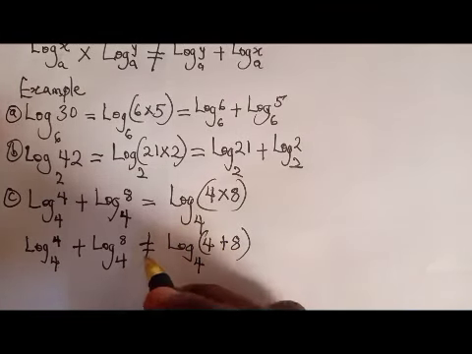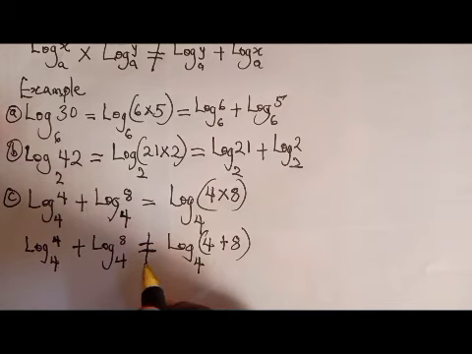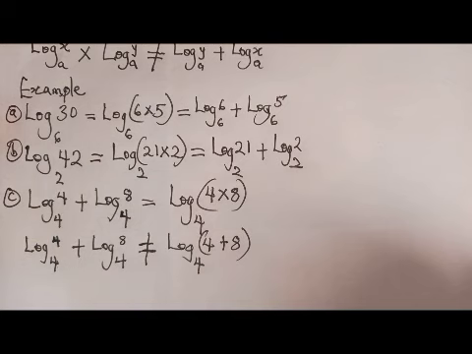This is wrong, and that's why I'm putting this sign. This sign means it is not equal to. That is what it means. So please, I need you to take note of that.